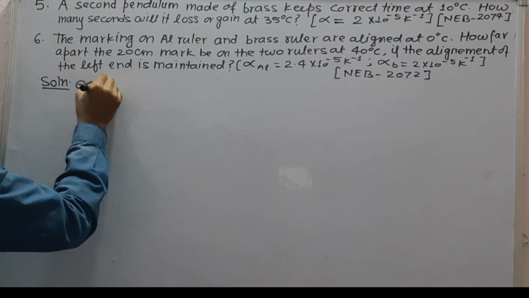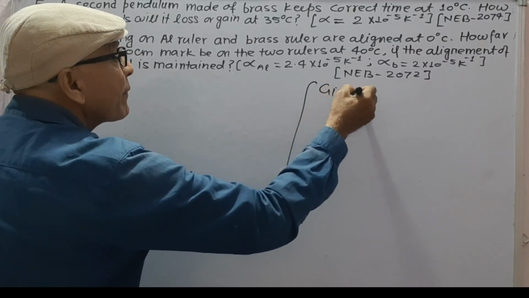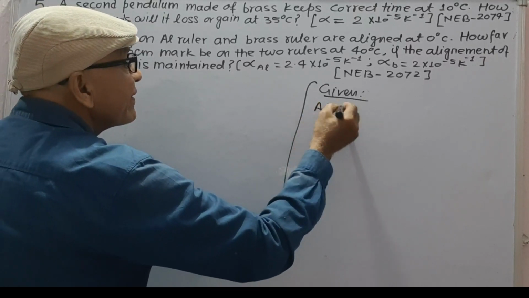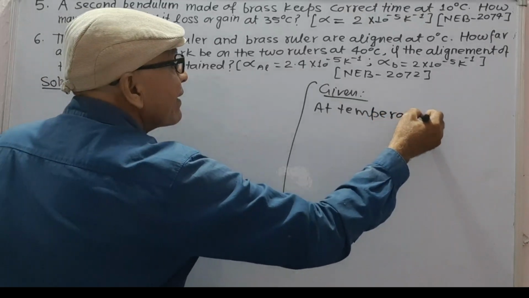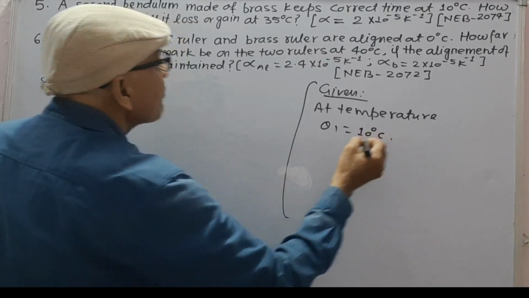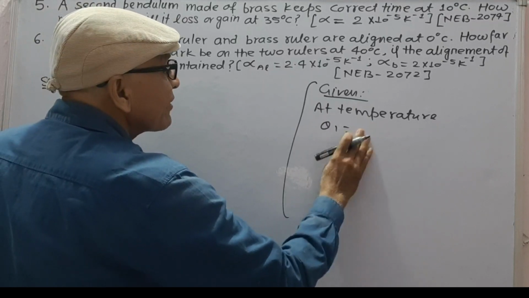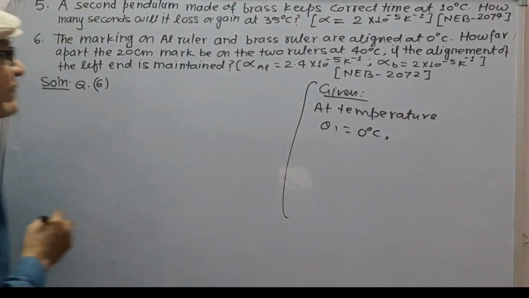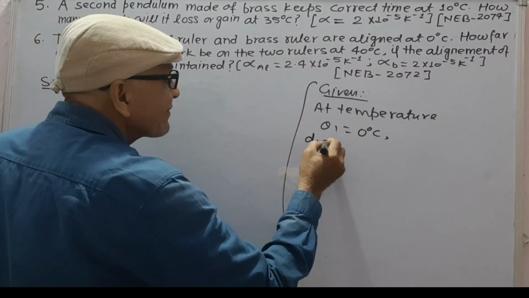Solution to question 6, here given. At temperature theta 1 is equal to 0 degrees Celsius, both scales are aligned, means difference between their lengths is 0.